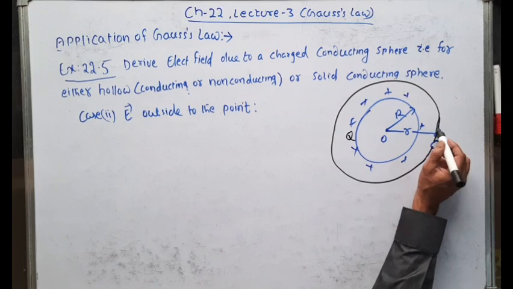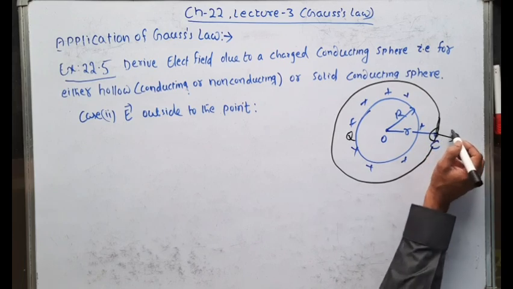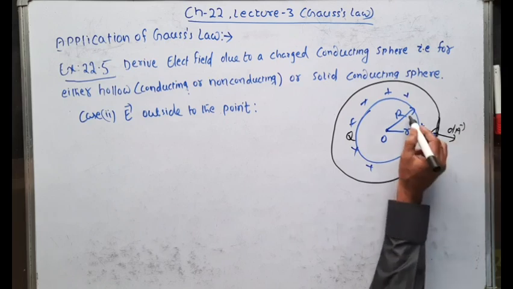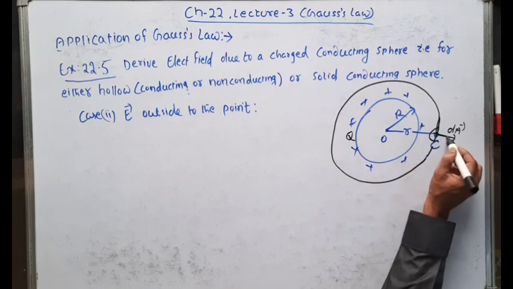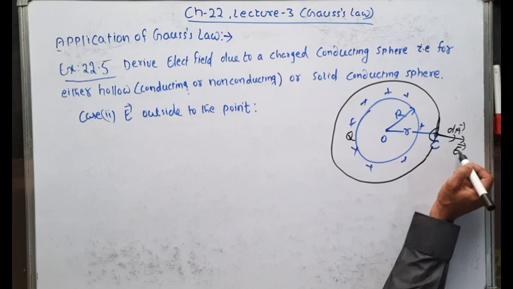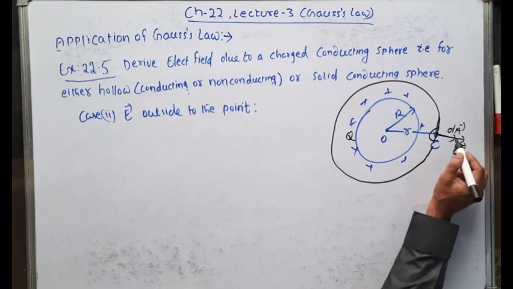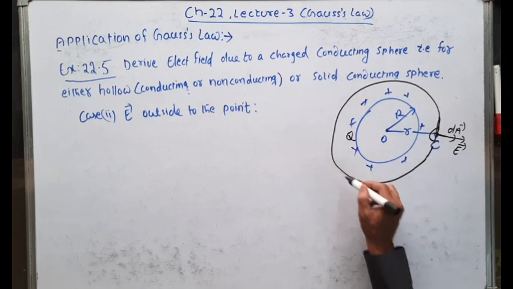So here we will again take a small element. The area vector will lie outward, and since these are positive charges, the electric field intensity is also outward, and both have the same angle, that is zero angle. Now we will find the flux due to the whole Gaussian sphere.